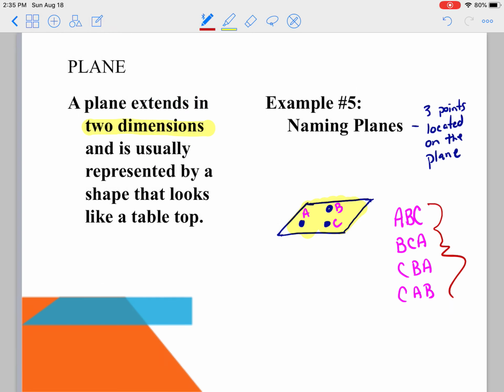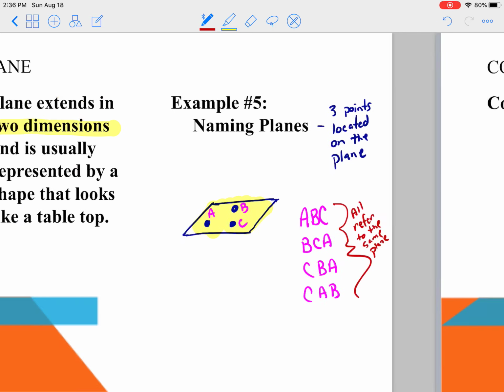All of these refer to the same plane. We're using 3 points to name our plane.